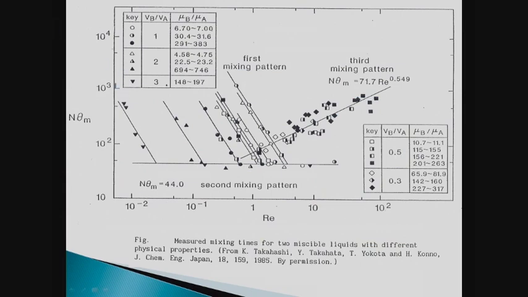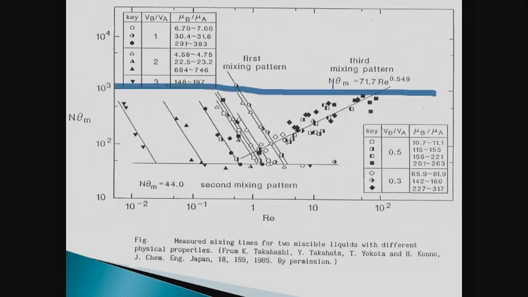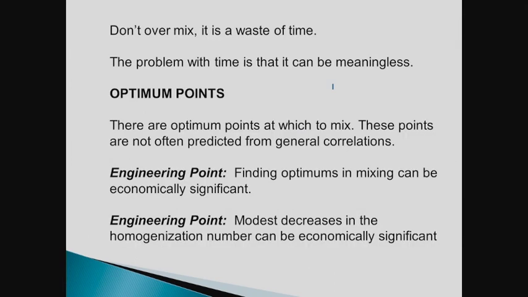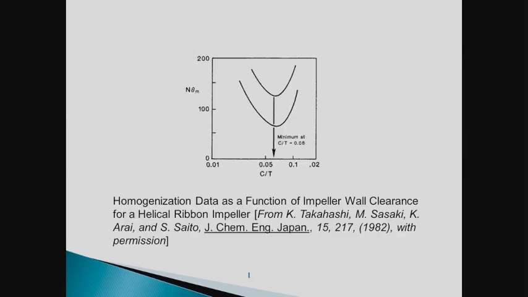This works because this is an effective geometry. It's a helical ribbon. It's an effective mixing geometry. If I had an ineffective mixer, then it could be 1,000,000 revolutions to mix or 10 million revolutions to mix. So the whole idea is you really need to not overmix. It's a waste of time. The problem with time is that it can be quite meaningless. There's an optimum as well.